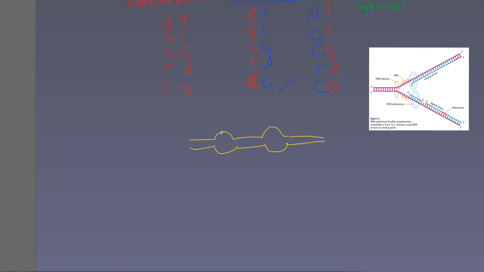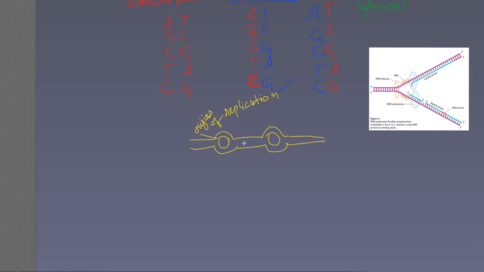These strands of DNA have special nucleotides attached where proteins come and start replicating from this site specifically. These places where replication starts are called origins of replication.